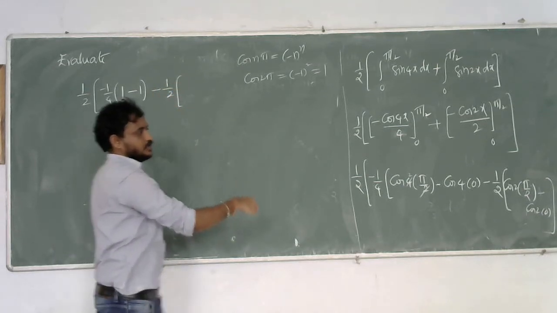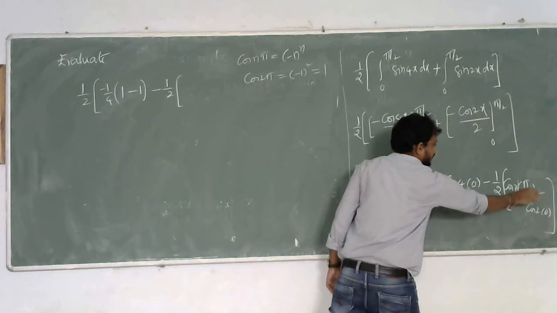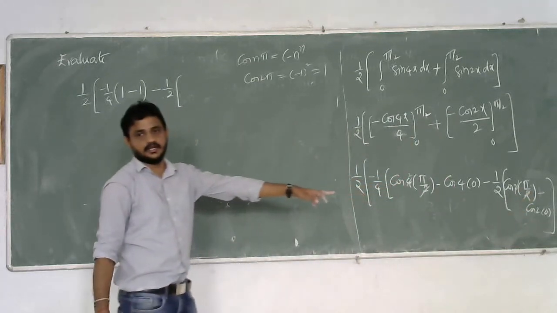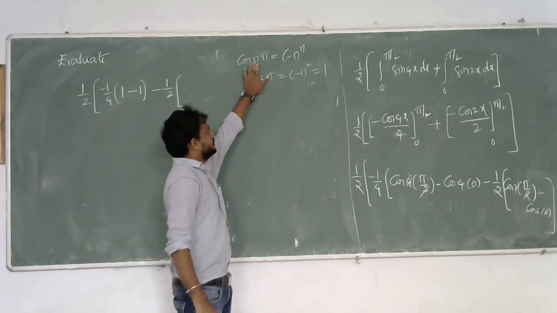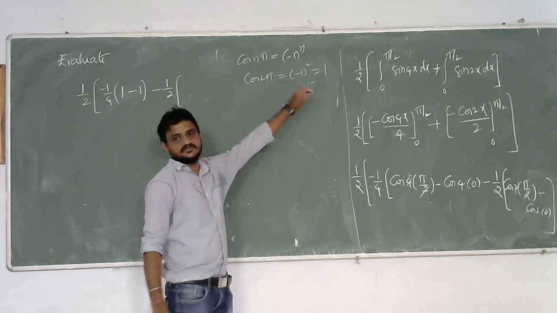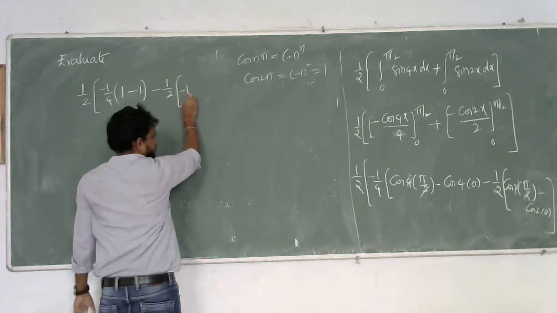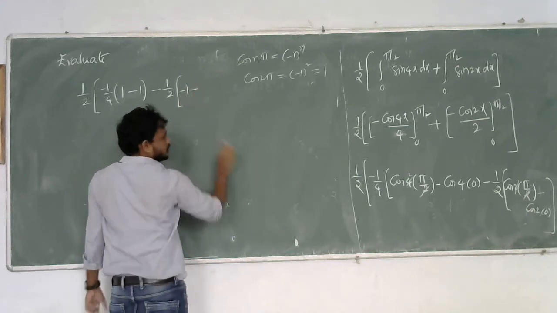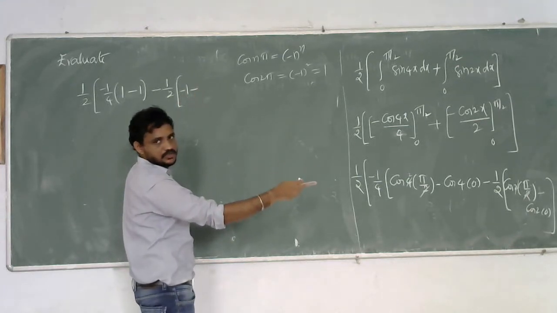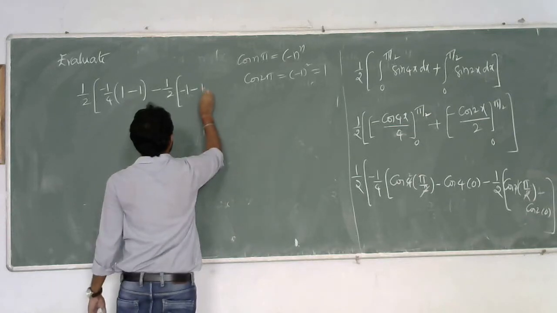Next, minus 1 by 2 again. Here cos 2 into pi by 2, the 2 and 2 get cancelled, cos pi. In place of n we have 1, so minus 1 to the power 1 gives minus 1. Next, minus cos 2 into 0 is cos 0, which is 1.